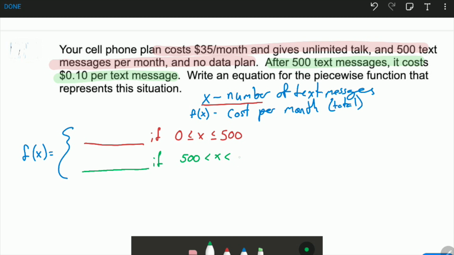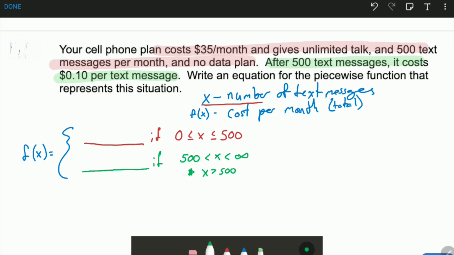I mean, logically, you cannot send a certain number of text messages, and with the 10 cents per extra text message, there's a limit that you can spend for your bank account, but mathematically, there is not an upper limit besides what you can physically send in the month or run out of money. But we don't have those conditions, so we can't really say an upper limit. You may also see the inequality written as x greater than 500.